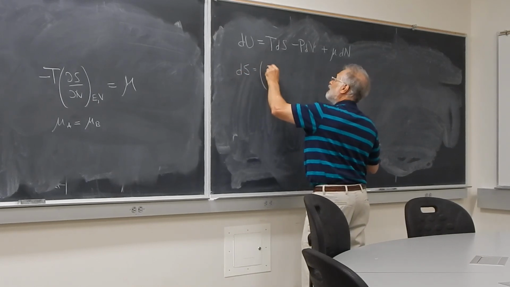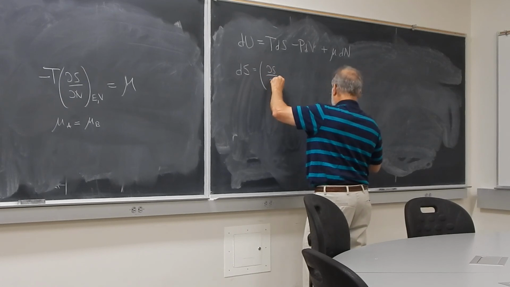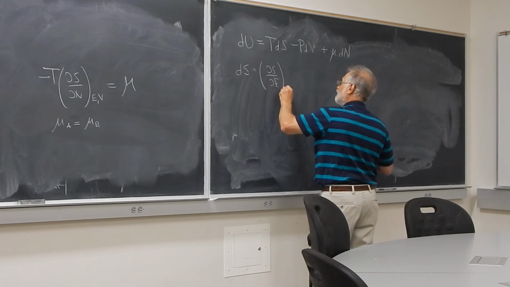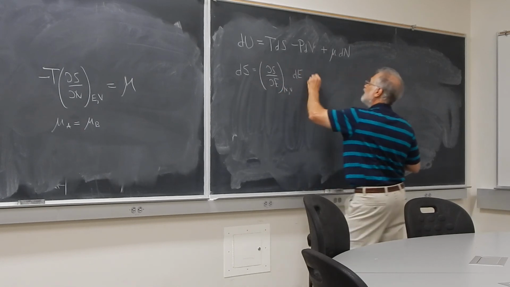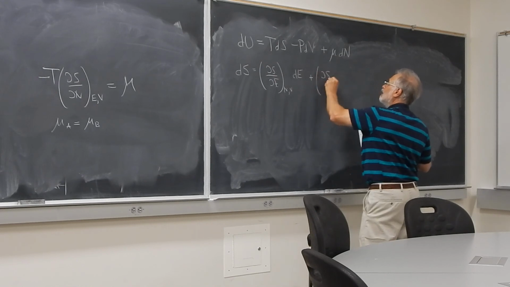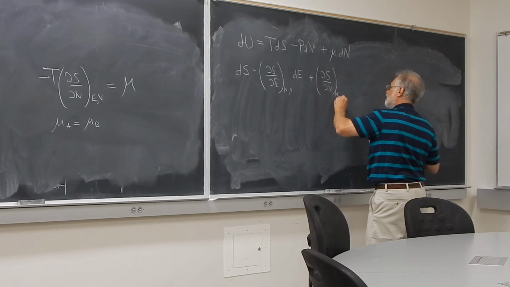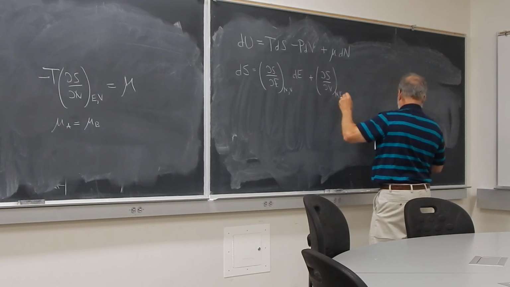I can write dS in terms of dE. I can write it in terms of dV, holding number of particles and energy constant.